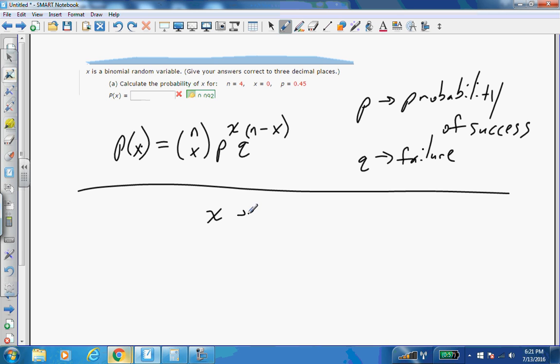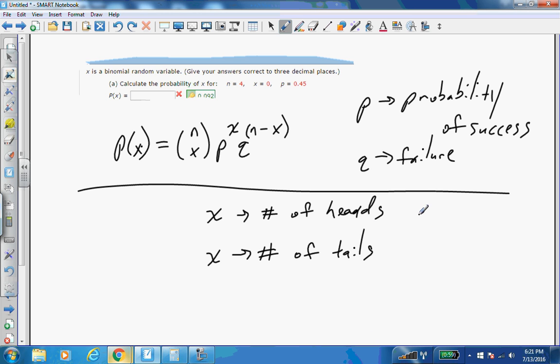If we're flipping a coin and we're counting how many times we see heads, x would be the number of heads. If we're flipping a coin and we're counting how many tails there are, we will let x be the number of tails.